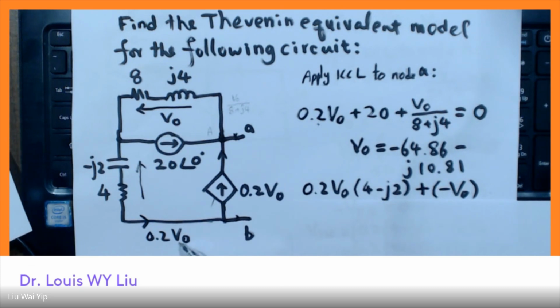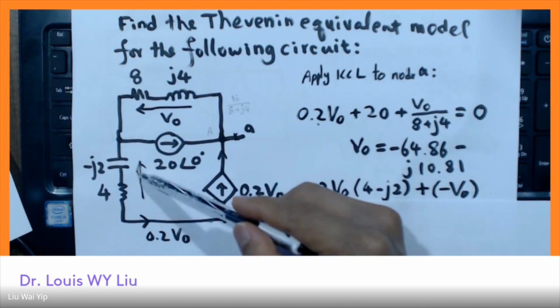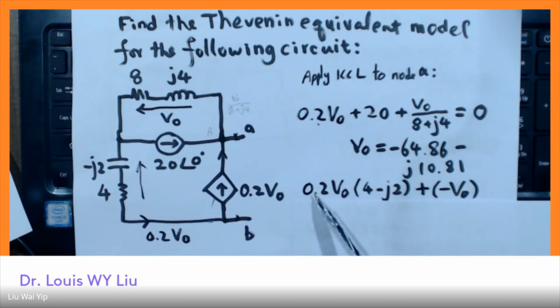And remember the direction. The direction should be anti-clockwise, but the voltage is opposite. The voltage should be in the clockwise direction. So 0.2 times V naught and times the impedance here, 4 minus j2. And then plus the other voltage.